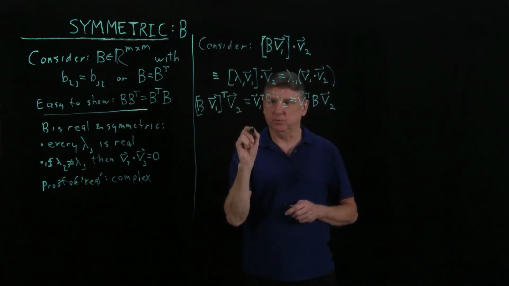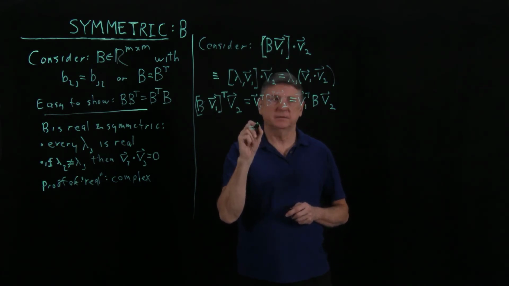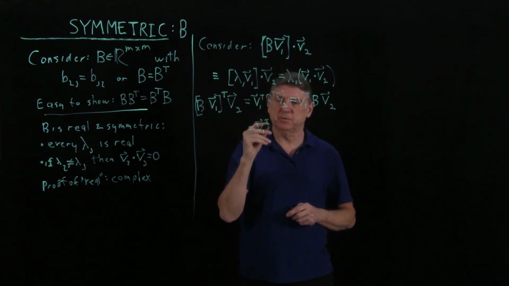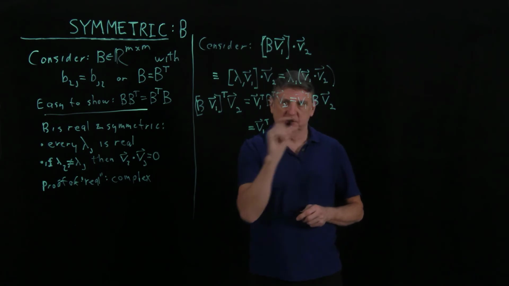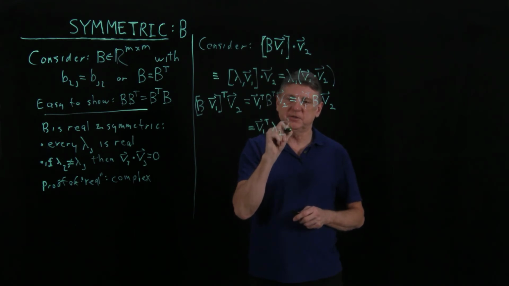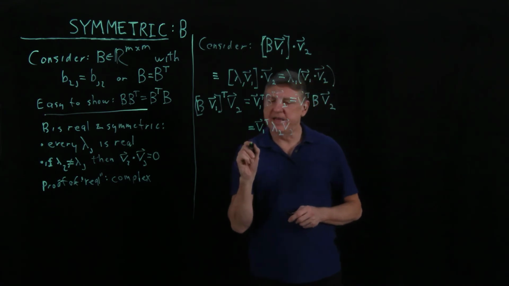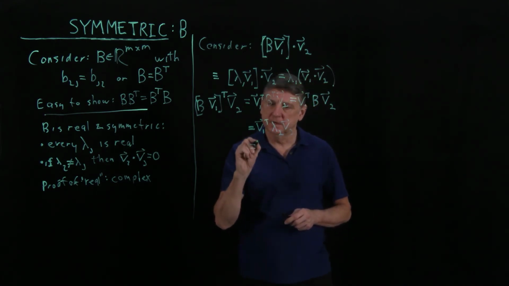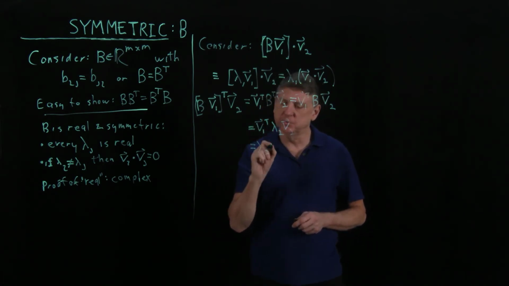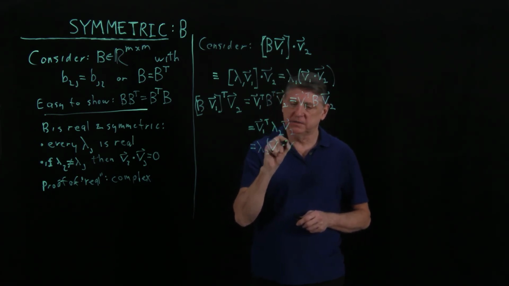So that has to be the same as V1 transpose times, so that would be lambda 2 times V2 when I multiply the matrix B by its second eigenvector, and that has to equal lambda 2, factor that out, and then V1 transpose V2, well, that is just V1 dot V2.